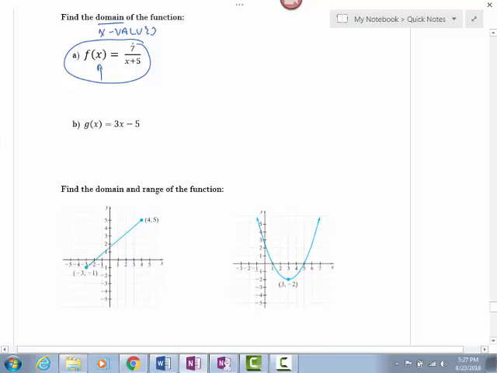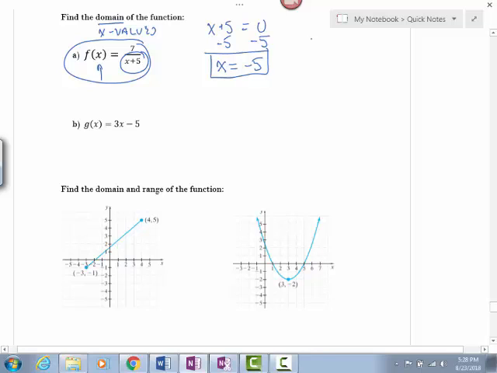And if you remember, there's one number we can never divide by, and that number is 0. So what we're going to do is take the bottom part of our fraction, x plus 5, and set it equal to 0. And we're going to go ahead and solve that equation. And the number that I'm coming up with is x equals negative 5.